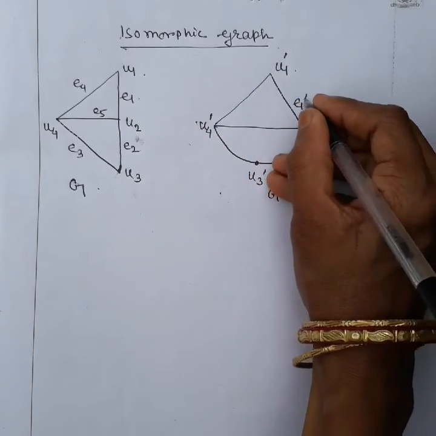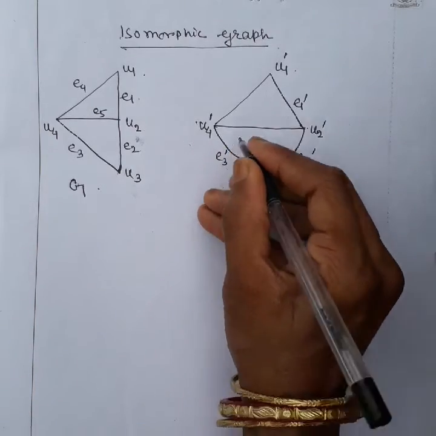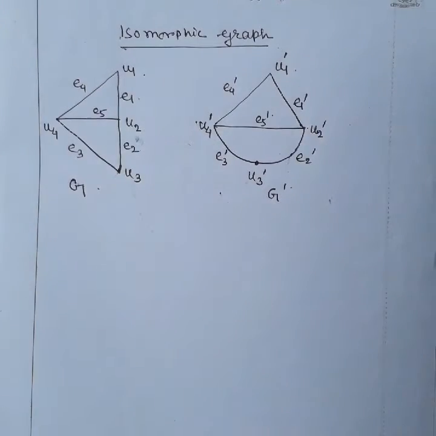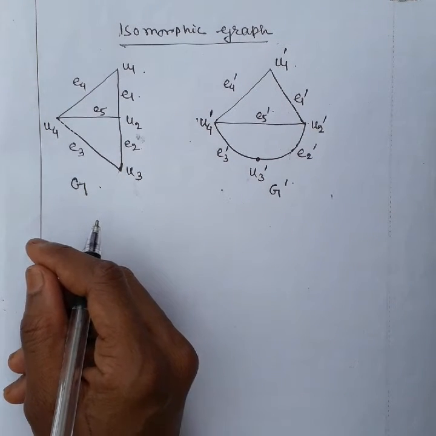So this is E1 dashed, E2 dashed, E3 dashed, E4 dashed and E5 dashed. These are the two graphs and we have to show whether they are isomorphic or not.